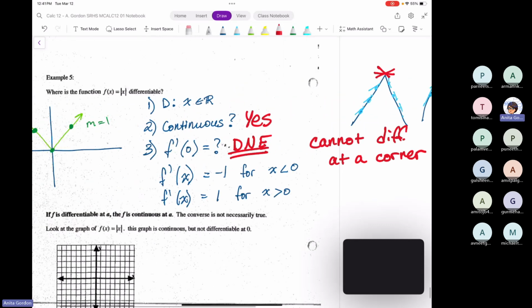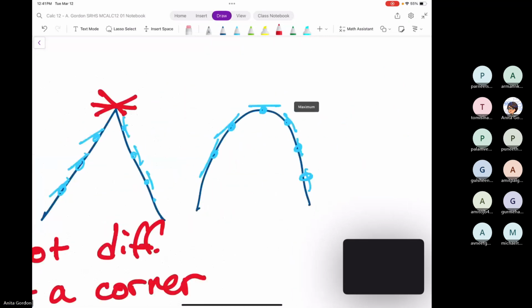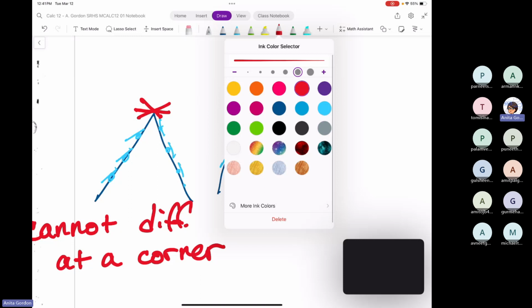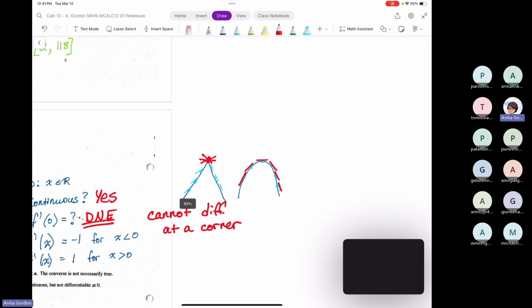When we differentiate, we're drawing a unique tangent line and finding the slope. Here, I can differentiate. The slopes will be unique at every single point. But on the corner, that is not the case. So this is a non-differentiable point.